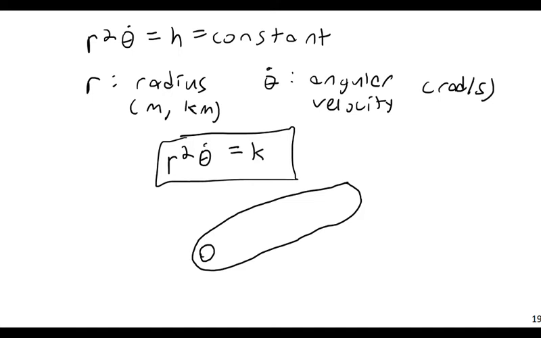But what else? This is also why the further you are away from a planet, the lower the angular velocity. Think about this. I mentioned that in low Earth orbit, LEO, an object might orbit every 40 minutes or something like that.